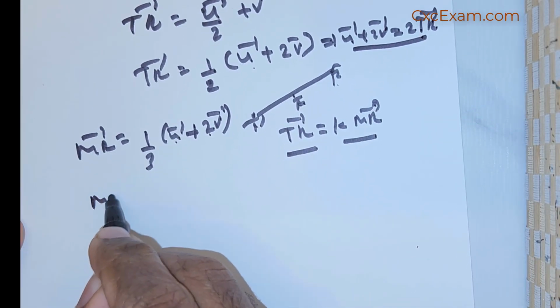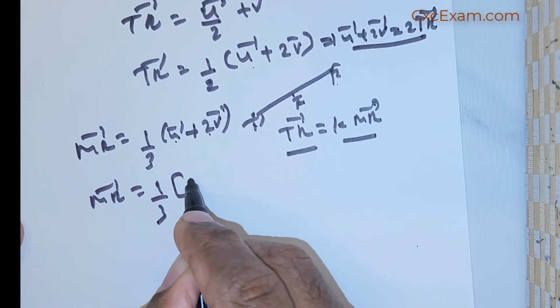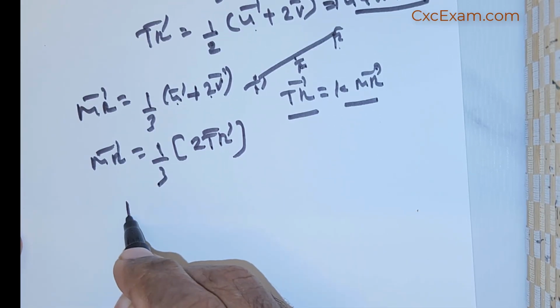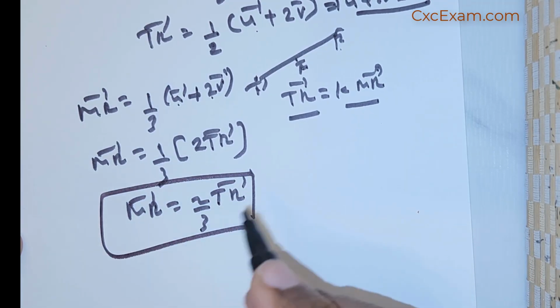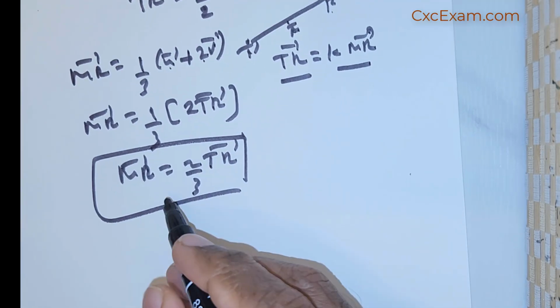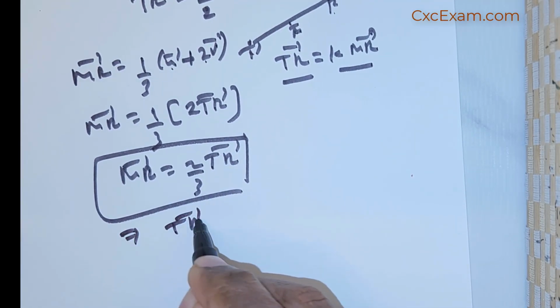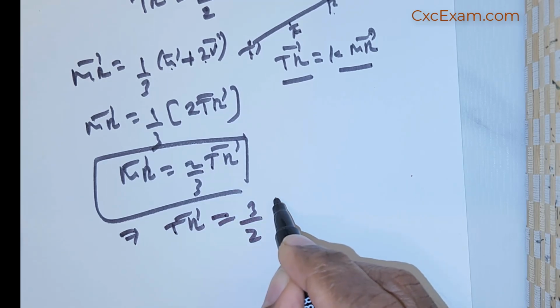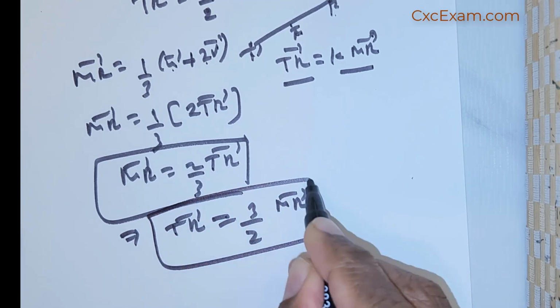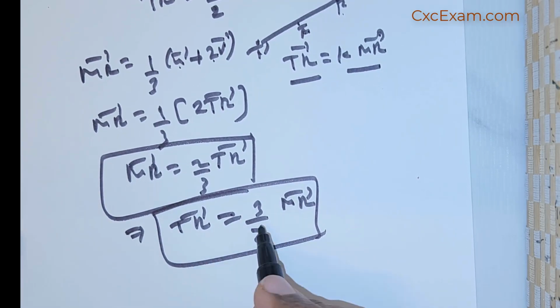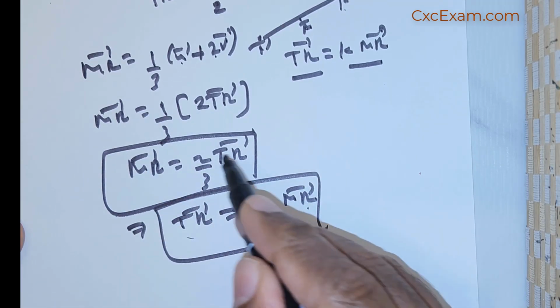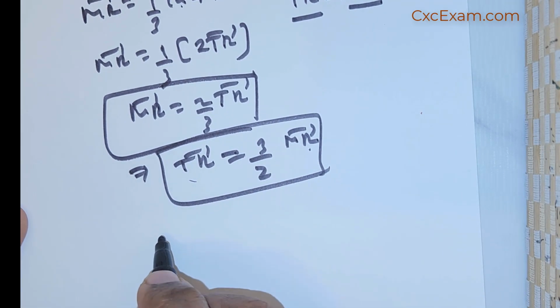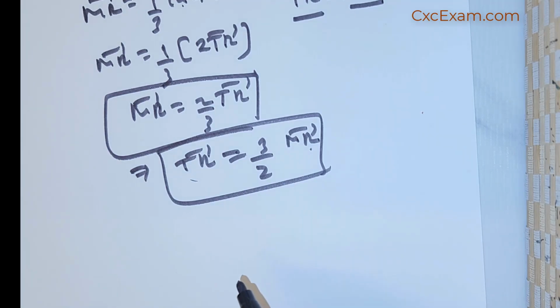This means MR vector is 1 over 3 of 2 times TR vector, which means MR vector is 2 over 3 TR vector. On the other hand, this also means that TR vector is equal to 3 over 2 MR vector. So clearly you can see the relationship between TR and MR connected by means of a scalar. In either case, we have a scalar multiple. So this is sufficient for us to make the conclusion.